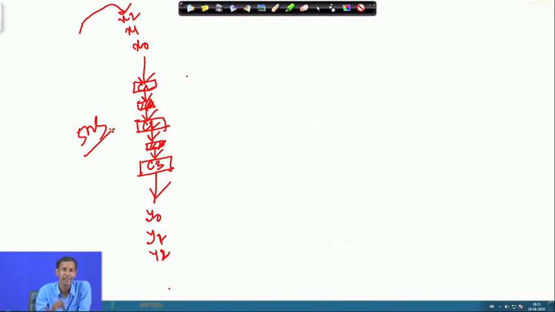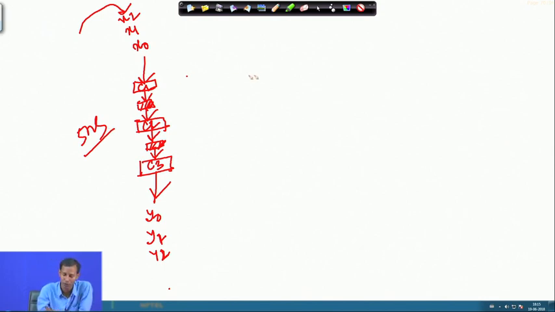If I need the clock period to come down to 1 nanosecond, then I have to employ parallel processing with a level of 5.